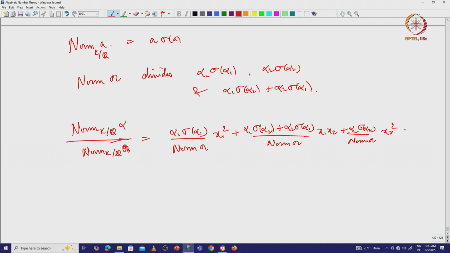Okay. So, I will denote these by A, B and C. So, you get A x1 squared plus B x1 x2 plus C x2 squared.